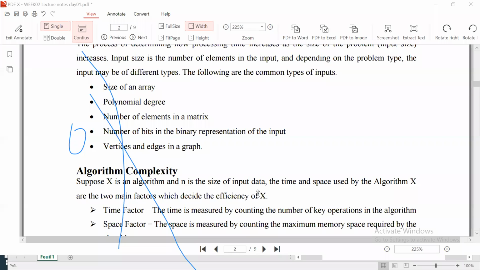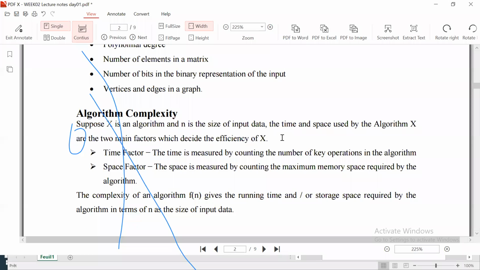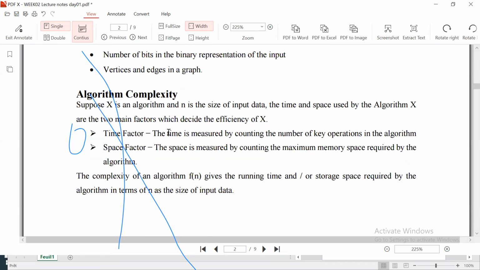All right, so now we'll look at algorithm complexity. We have understood the need for the analysis of an algorithm. Every algorithm that we write, we need to analyze it. And when you're analyzing, you need to focus basically on the time and also on the space.